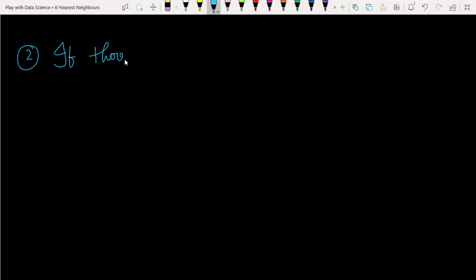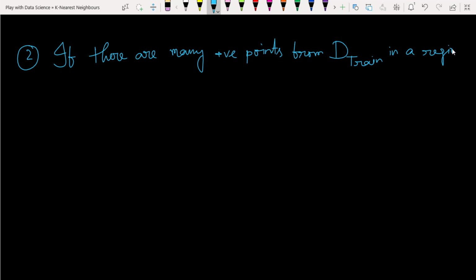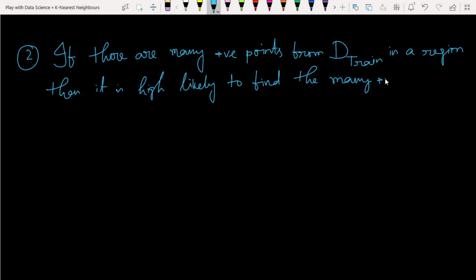If there are many positive points from our training data set in a region, then it is highly likely to find many positive points from cross validation also.